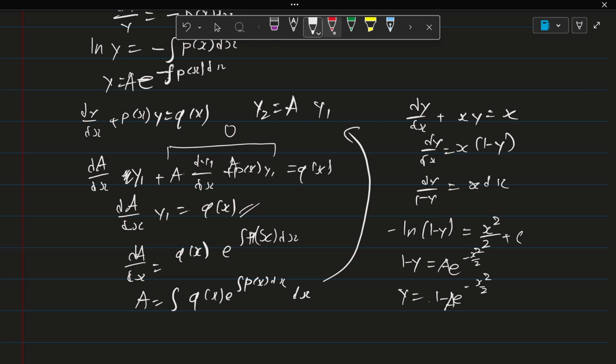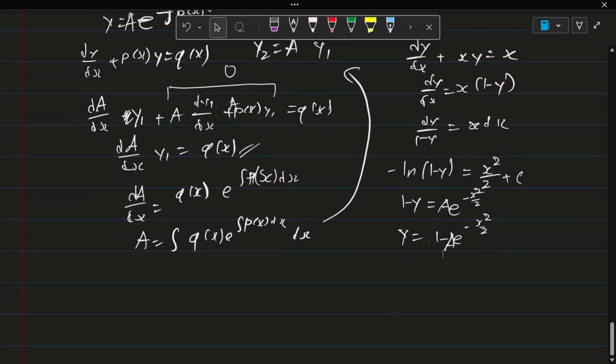So this is the solution that you could get from separation of variables straight away. But not all of the functions that you would do are this simple. So let's just use the method that I gave. The guessing solution, e to the power negative x squared over 2, is a very good solution that we could use.